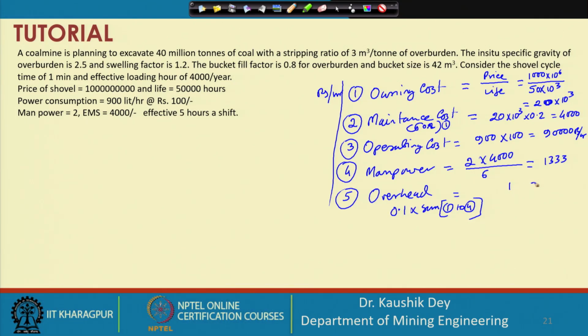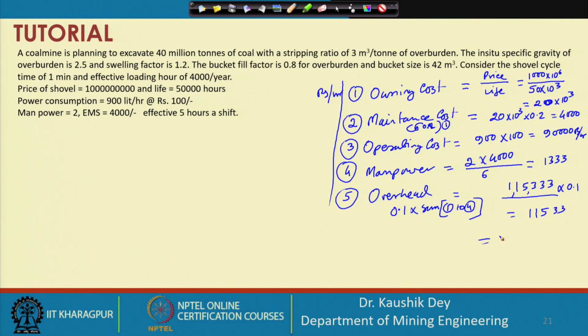So, this is 333 is already there. So, this is 4 plus 1, 5, and 9 plus 2, 11. So, this is the 1,15,033, the 10% of this. So, that is at the rate 0.1. So, 11,533 is the overhead cost.